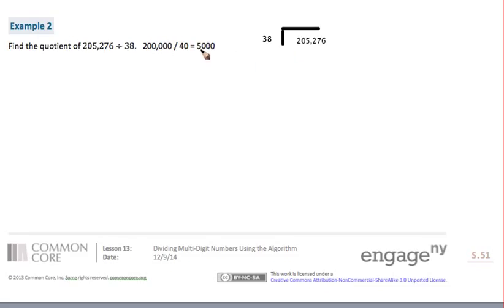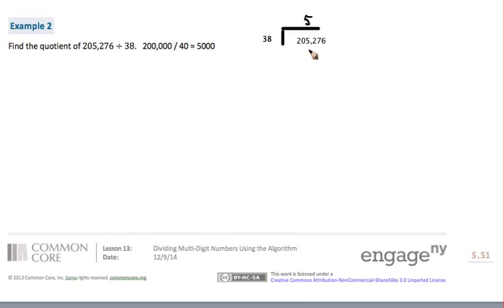So looking at our estimate, the first digit ought to be a 5. 38 doesn't go into 2, 38 doesn't go into 20, but 38 goes into 205, those first 3 digits. And we guessed 5 times. So we'll put a 5 up in our quotient, right above the 5 in our 205,000.